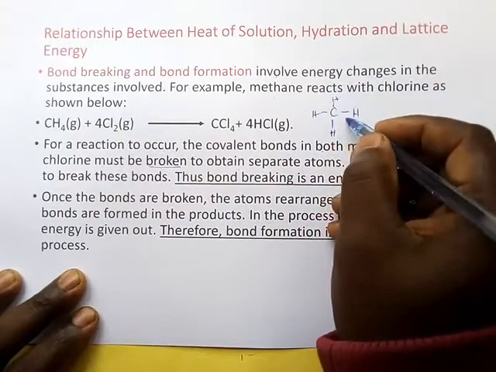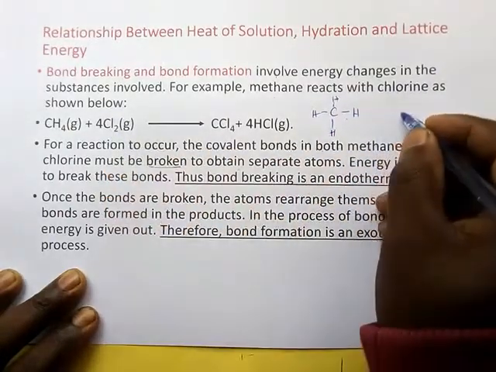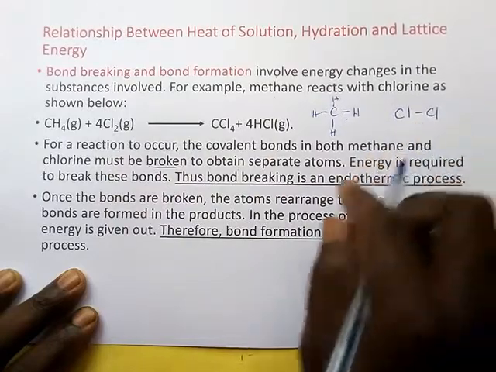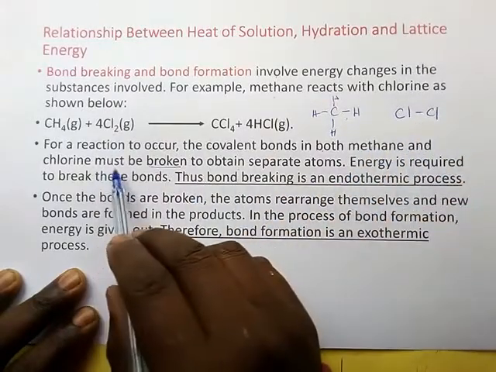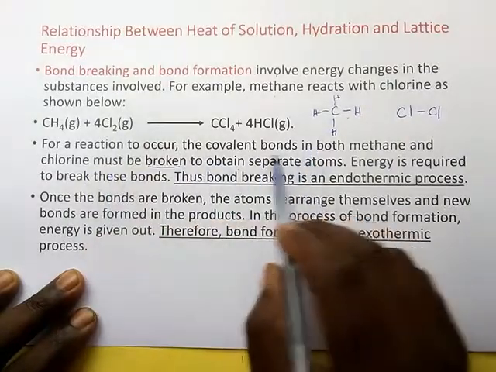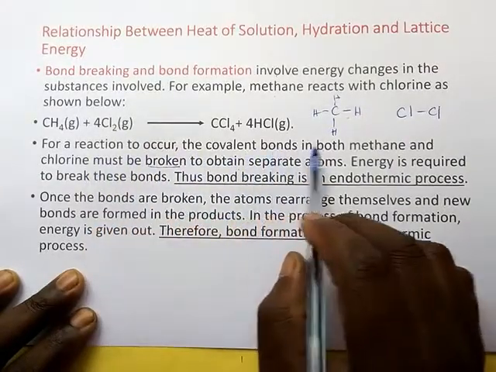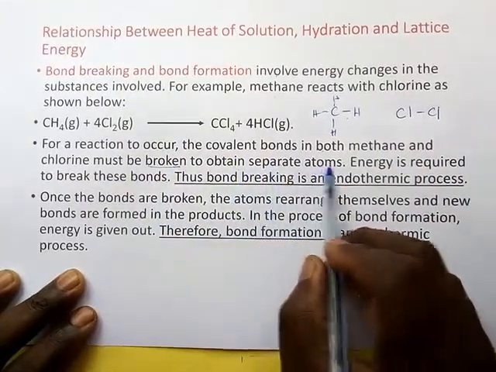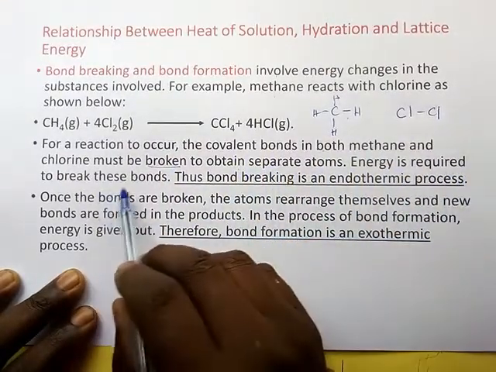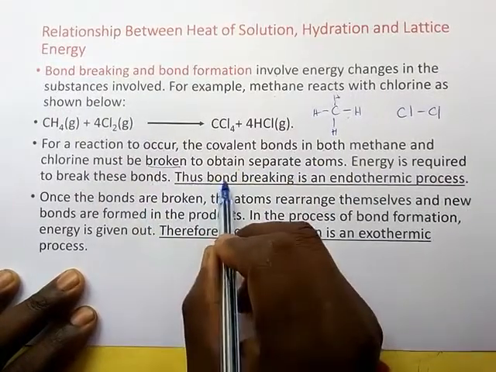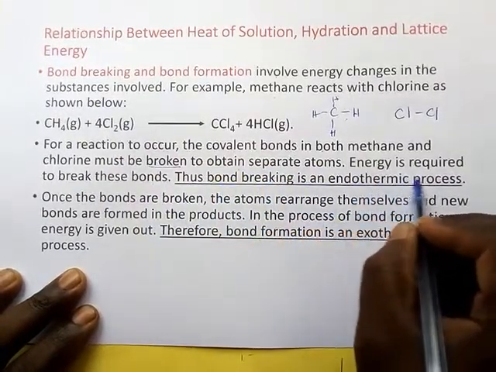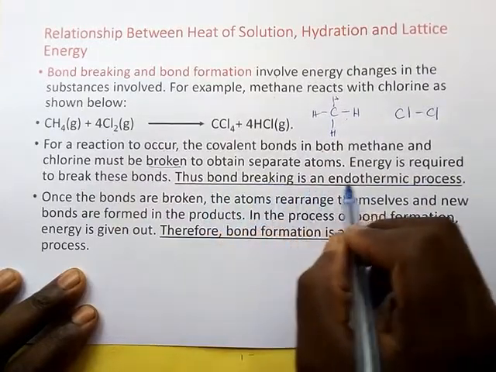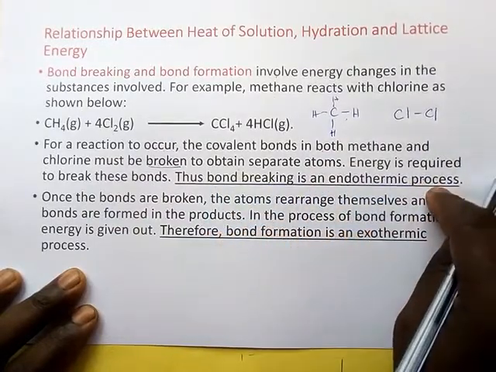So this is bond breaking. Chlorine must break like this: chlorine, chlorine. This is what we call bond breaking. Energy is required to break these bonds. Thus, bond breaking is an endothermic process. Please mark that. Bond breaking is an endothermic process.